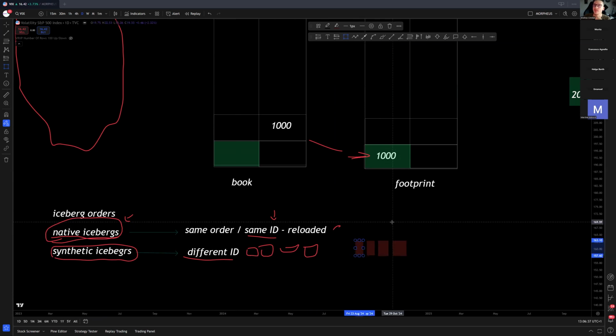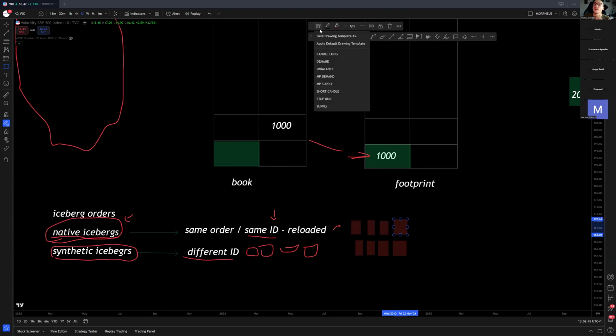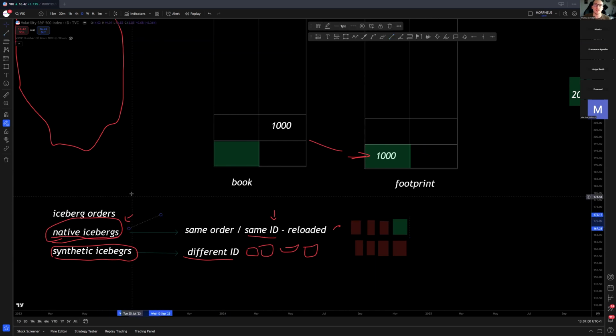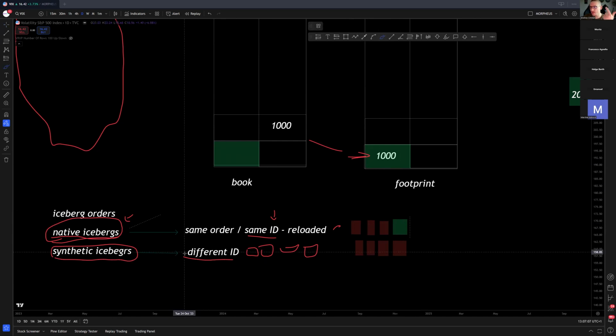While with the native iceberg, even if there's a queue behind you and you keep reloading, you're always at the front of the queue, because the 20 contracts get consumed and then replaced, and replaced, but you're still at the front of the queue. So the native iceberg is better if you want to be sure to get filled. With a synthetic iceberg, you're less likely to get filled, but you have the advantage of being anonymous for some time. So you have an extra advantage.